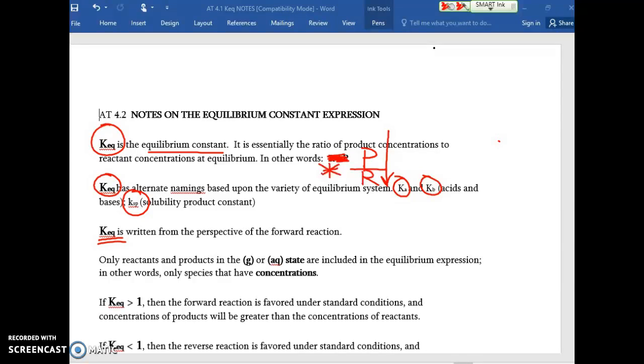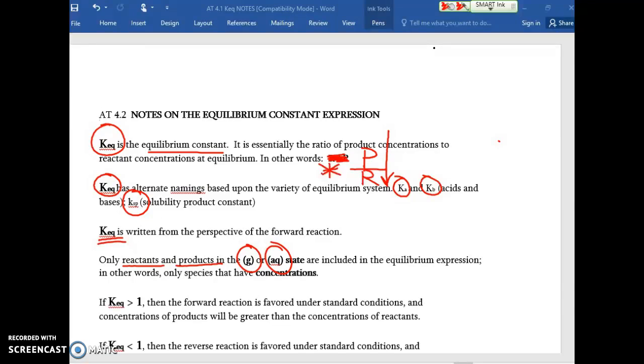Guys, KEQ is written from the perspective of the forward reaction. So if you reversed it, you would have the information for the reverse reaction. Now it turns out products and reactants only in the gas and aqueous phase are included in the calculation of KEQ.